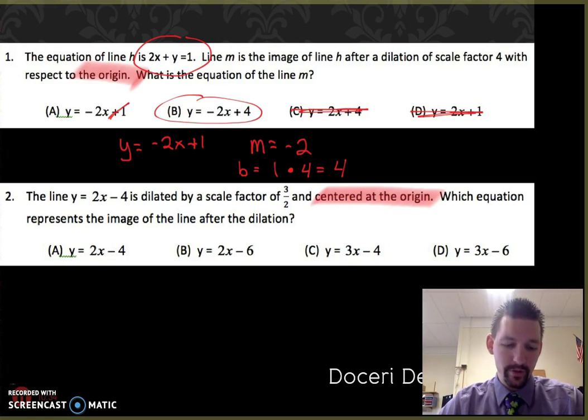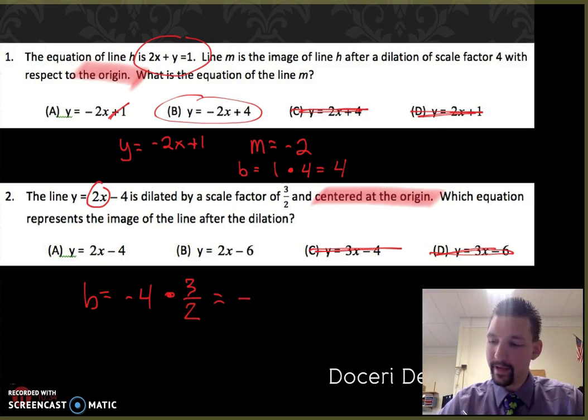So our slope is going to be 2. That means we can eliminate choices C and D. And we want to take our y-intercept, which is negative 4, and we want to multiply that by 3/2. That will give us negative 6. So the correct choice here is B.